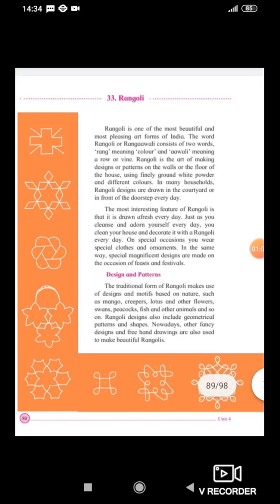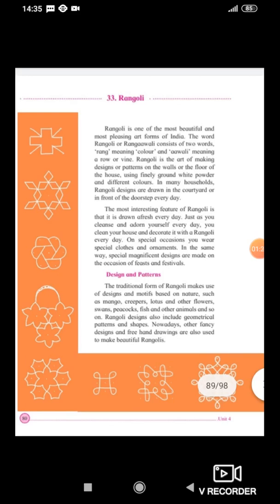Diwali is a festival which is celebrated by offering sweets and by making rangoli on the floors of the house. Rangoli is regularly drawn in the courtyard or in front of the doorstep, as a welcome rangoli.